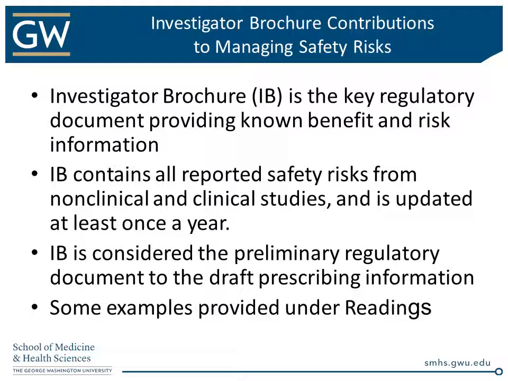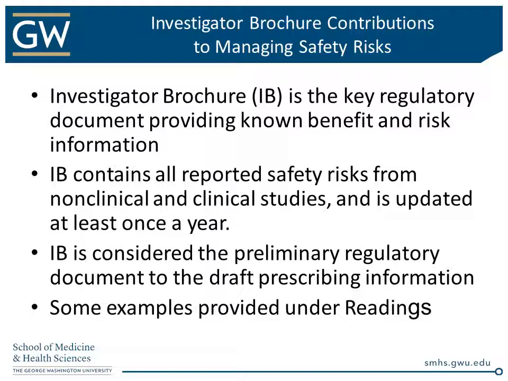Some updates, such as a new safety finding that represents a significant risk to study subjects, are required to be communicated by the sponsor to investigators immediately, as well as updated in the IB as per 21 CFR 312.55, titled Informing Investigators.